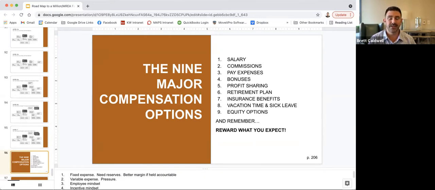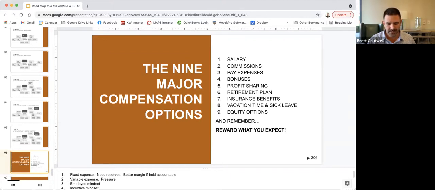Profit sharing. Keller's a huge profit sharing company, and Gary knew if he allowed the agents that wanted to help the company grow to benefit from being a stakeholder in the company and sharing in the profits, it would cause the company to grow. And that's what he rewards. If people on your team cause your company to grow, do they have an opportunity to share in the wealth of that?